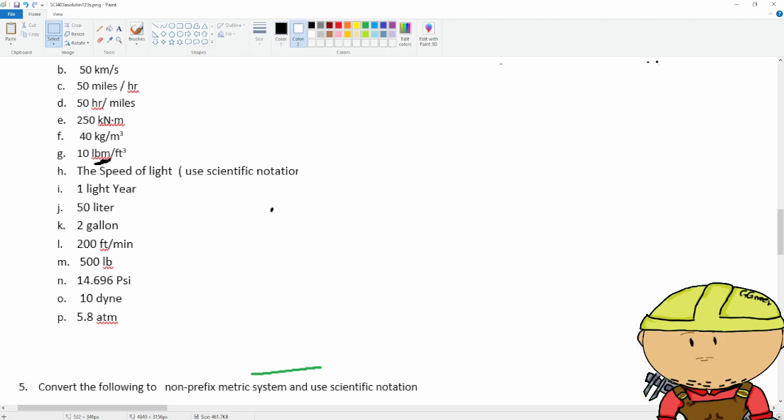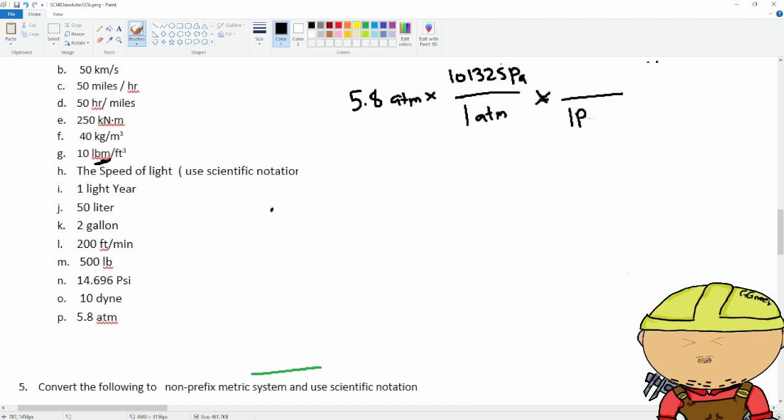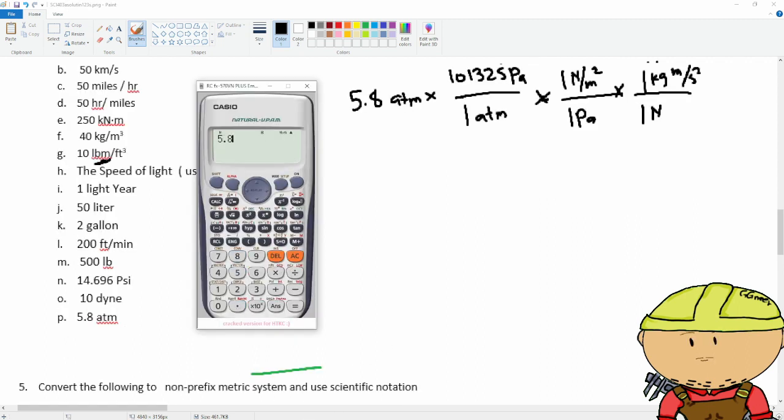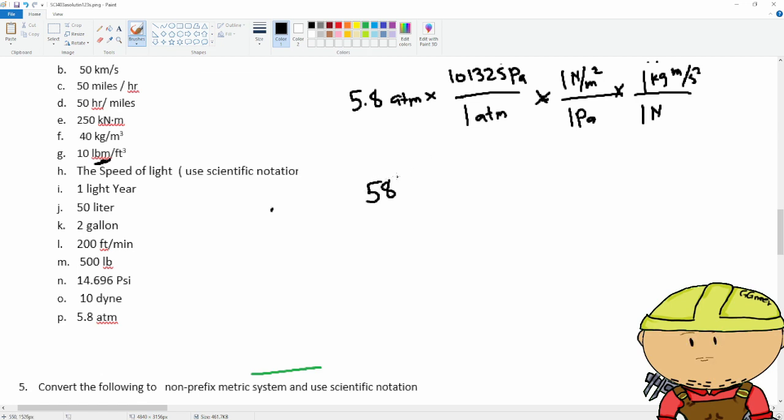Okay. So, letter P. 5.8 ATM. 5.8 ATM times 1 ATM is 101,325 Pascal. And again, 1 Pascal is 1 Newton per meter squared. 1 Newton is 1 kilogram meter per second squared. And our unit will become 5.8 times 101,325, 587,685.